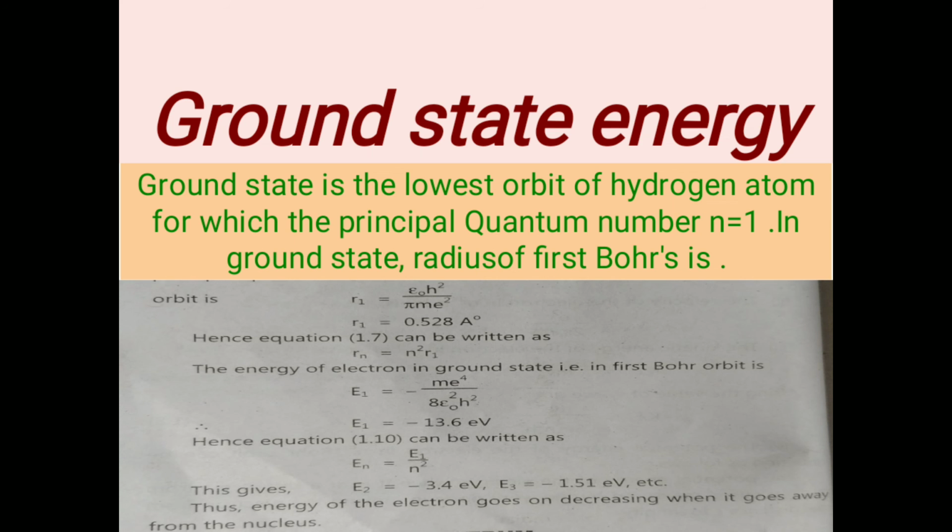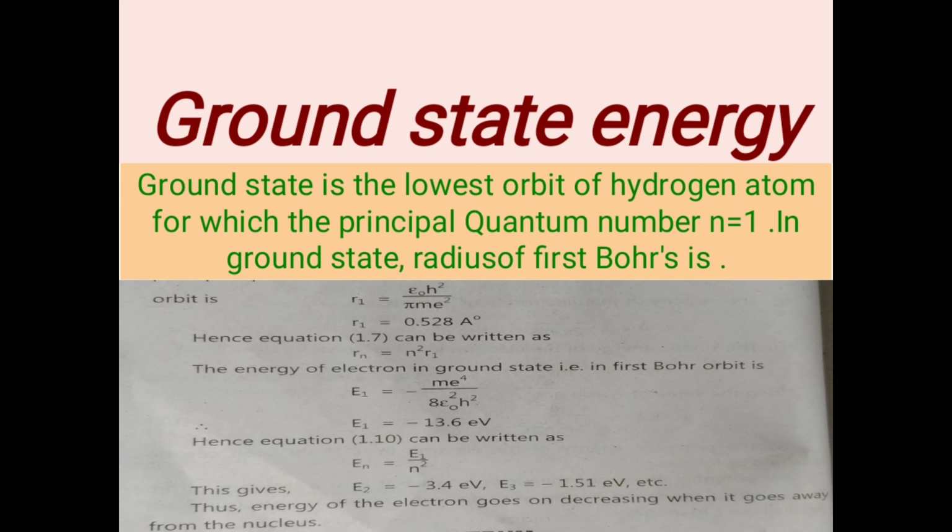The energy of electron in the ground state, that is in the first Bohr orbit, E1 is equal to minus me^4 divided by 8 epsilon 0 square h square. All terms are constant, so we can find E1 is equal to minus 13.6 electron volt.